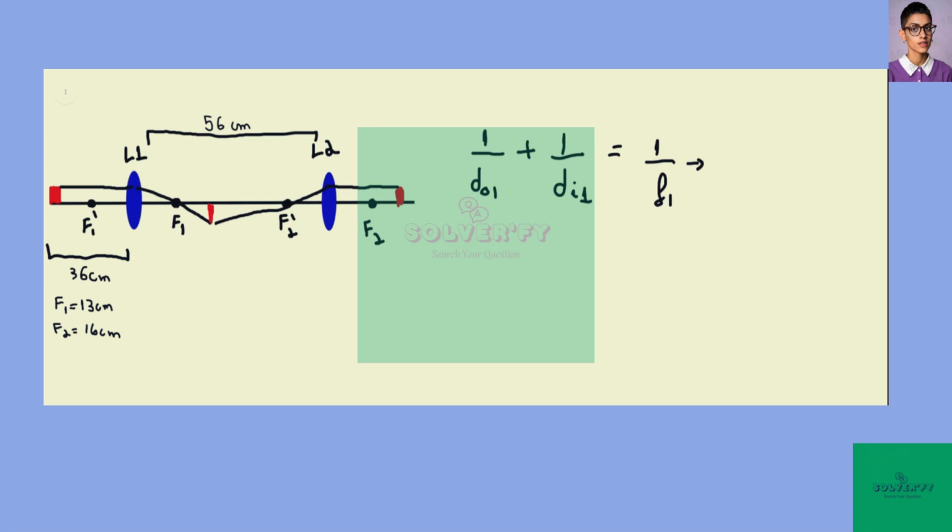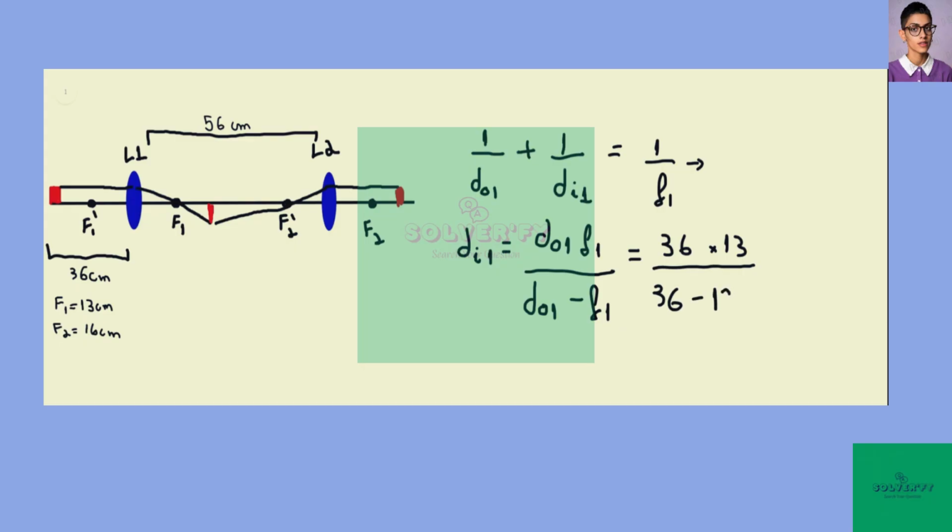So this gives us the image distance equal to the object distance times the focal length divided by the object distance minus the focal length. And we have all this information. So this is 36 centimeters times 13 centimeters divided by 36 minus 13.